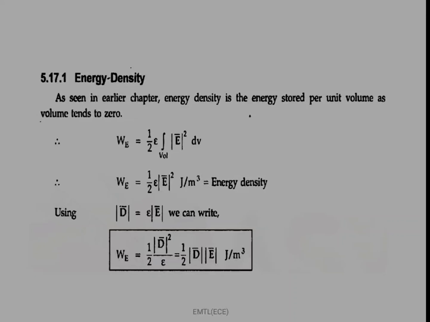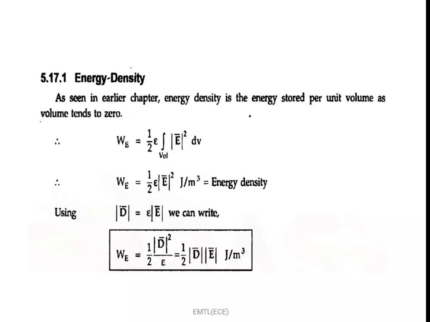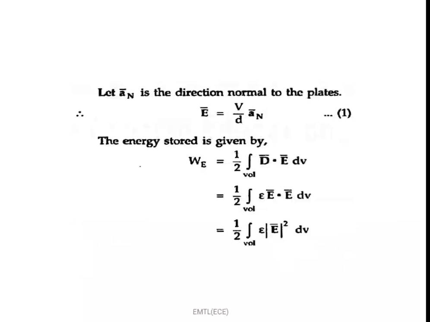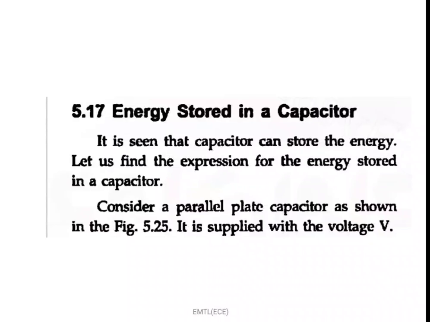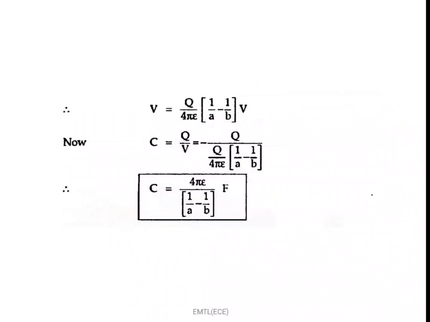In this session we discussed the capacitance of the spherical capacitor. The expression for the spherical capacitor is C is equal to 4 pi epsilon by 1 by A minus 1 by B farad.